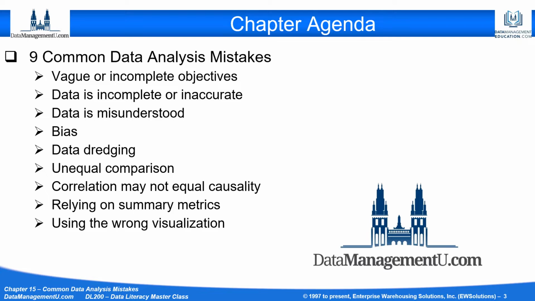There is an almost infinite number of mistakes that can be made. However, I would like to walk you through 9 of the most common mistakes that I see data analysts and data scientists make, because I want you to be able to avoid them.